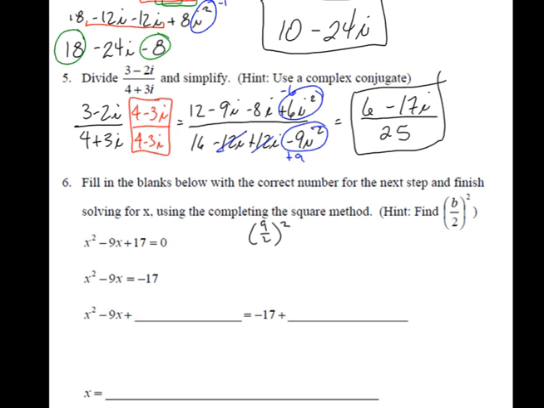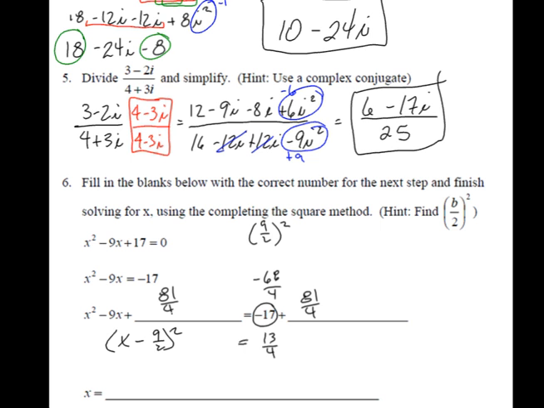That gives me 81 over 4. So the left side is x minus 9 halves squared is equal to 81 over 4. I'm going to change this one to 4, so that becomes a negative 68 over 4. So I now have 13 over 4.